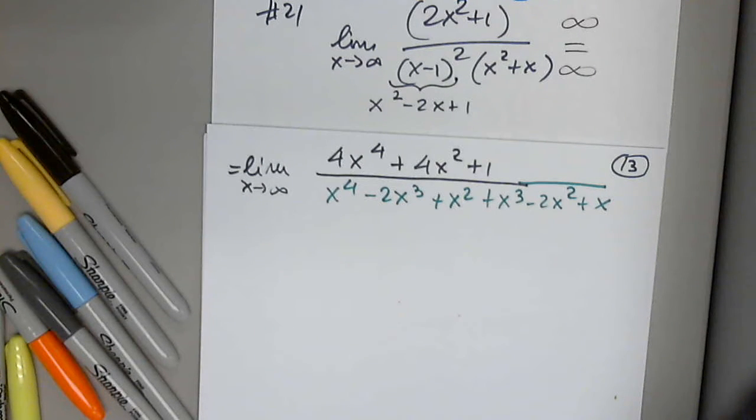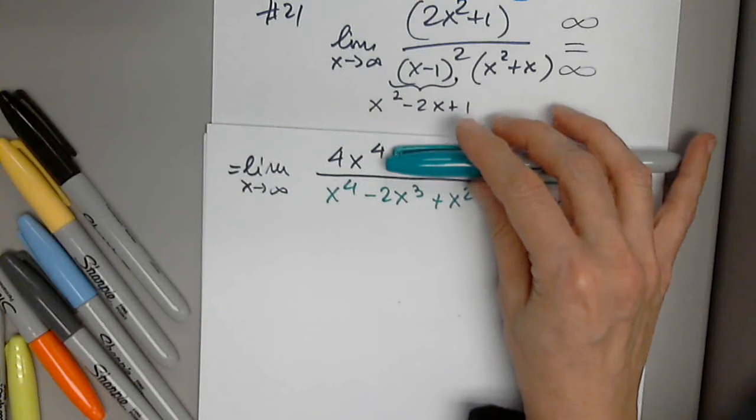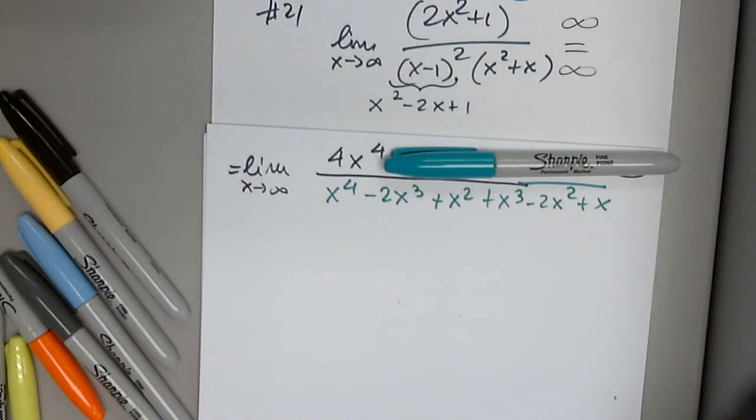I had no choice. So now, can anyone tell us what is the degree of the top? So which of those 3 terms is the most powerful in this situation? Can anyone tell us what is the degree of the denominator? So which of these 2, 4, 6 terms is the most powerful?